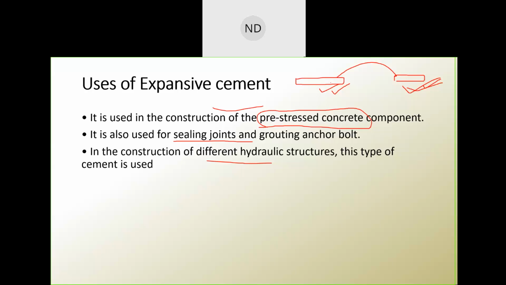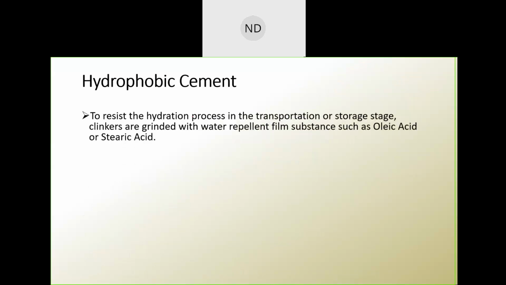So depending upon your purposes and types, there are different types of cements, and this one was one of the examples. Another cement which is there is hydrophobic cement. Now, what is that? It is used to resist the hydration process in the transportation or storage stage. Clinkers are ground with water-repellent films such as oleic acid or stearic acid.